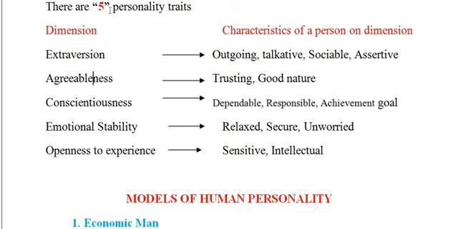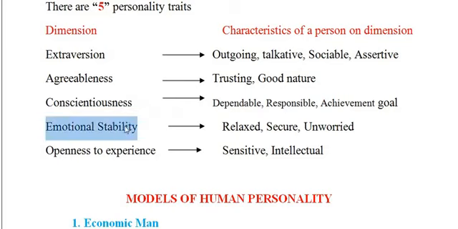Conscientiousness persons. It refers to the number of goals that a person focuses on. A highly conscientious person focuses on relatively few goals at one time. He or she is likely to be organized, systematic and careful, responsible, self-disciplined and achievement-oriented. And next, emotional stability.